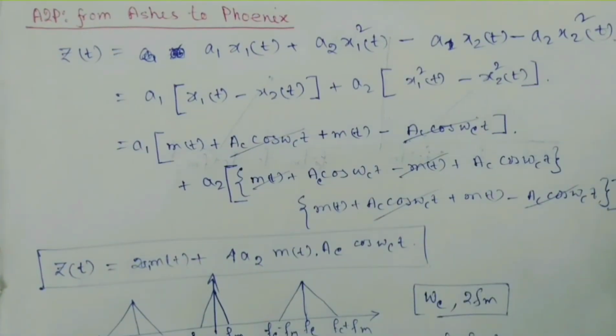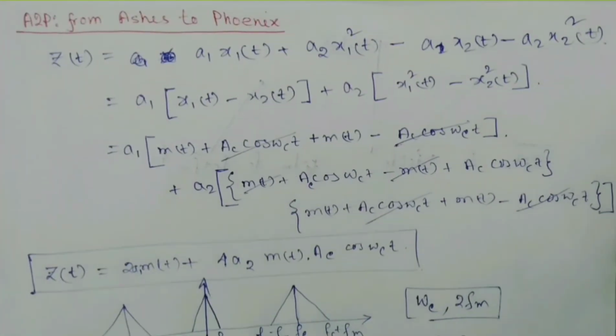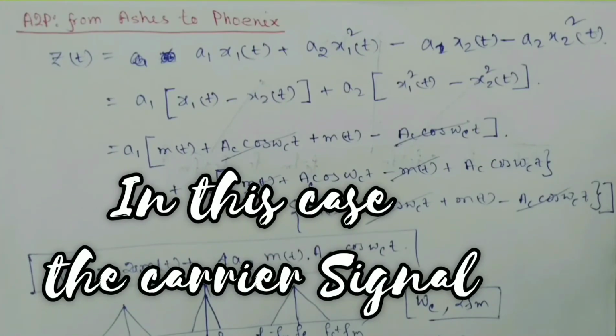So at the output, m(t) along with this product signal is present, though the input had a message signal and a carrier signal. So this circuit is balanced about the carrier signal, and hence this balanced modulator is called a single balanced modulator, because only one component is balanced.